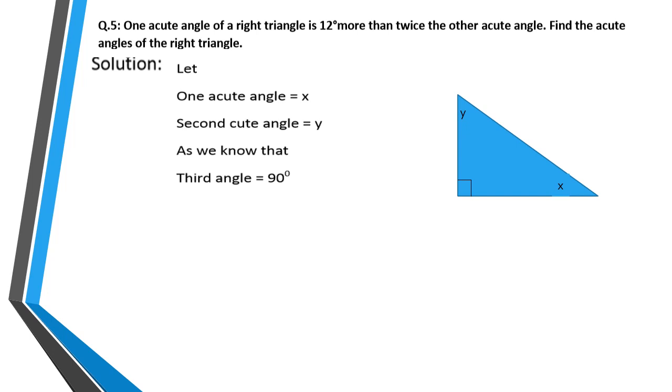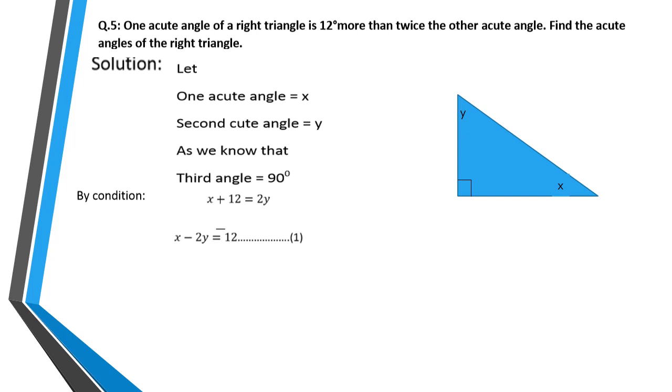As we know, the third angle is 90 degrees because this triangle is a right triangle. Now according to the question, one acute angle of the right triangle is 12 degrees more than twice the other acute angle. So the first acute angle is x, and x plus 12 degrees is twice the other acute angle, 2y.